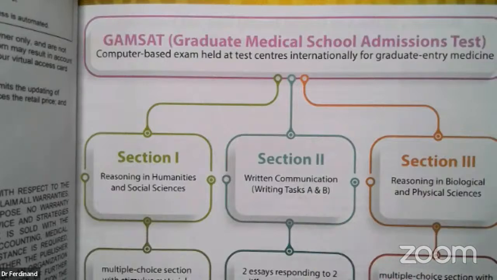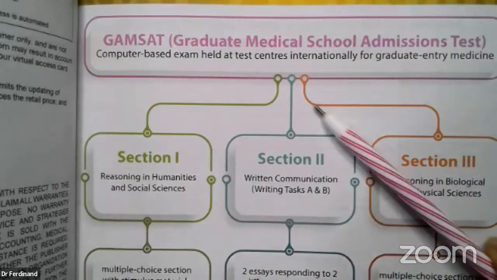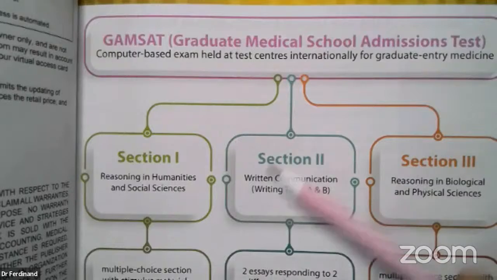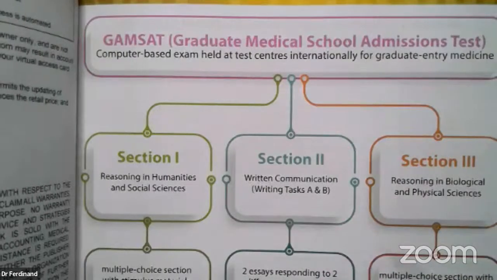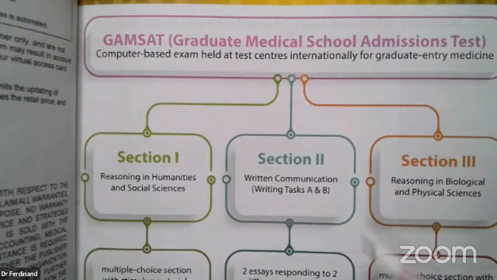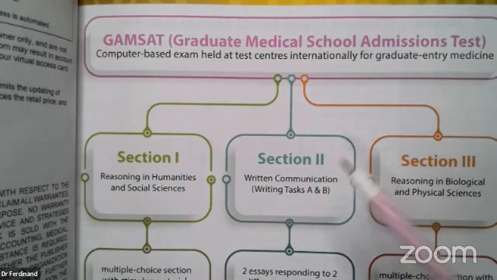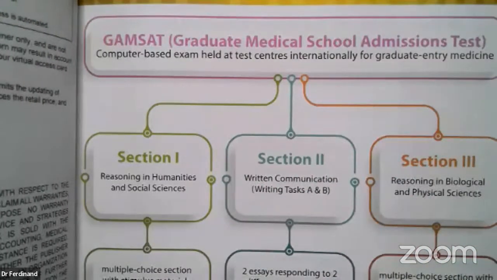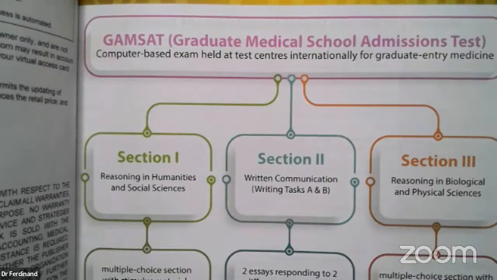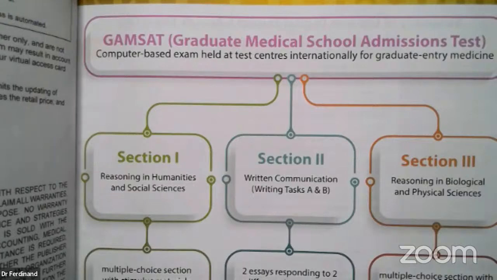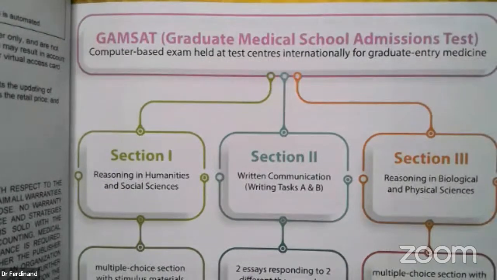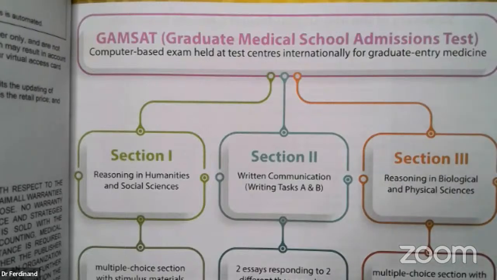So ACER has a new timing for the exam, in that you're going to be sitting the written communication at home, with an online proctor, before you sit the two multiple choice sections. And those sections, most of you will be sitting in a test center, using a computer. But if you are more than 3 hours away from a test center, then you will be able to sit the multiple choice sections also at home.